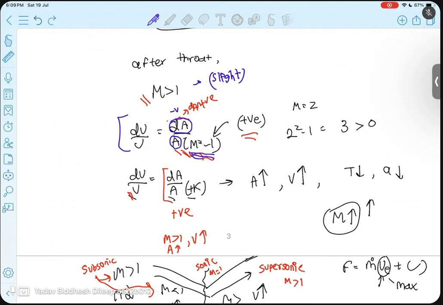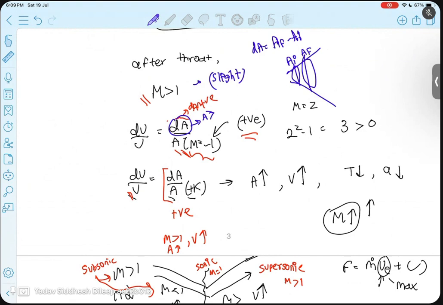So that is why after the throat, if you have area increasing, your dA is positive, that is the change in area. Basically, after the throat, this is the case. dA is area final minus area initial. Your final area is more than the initial area.